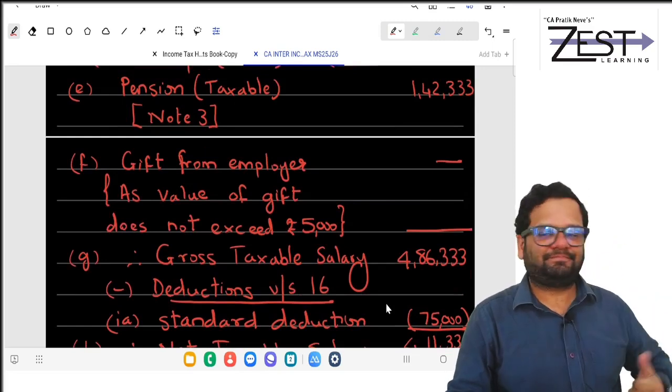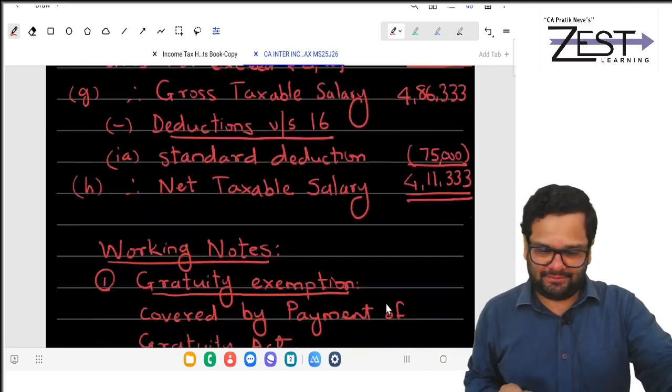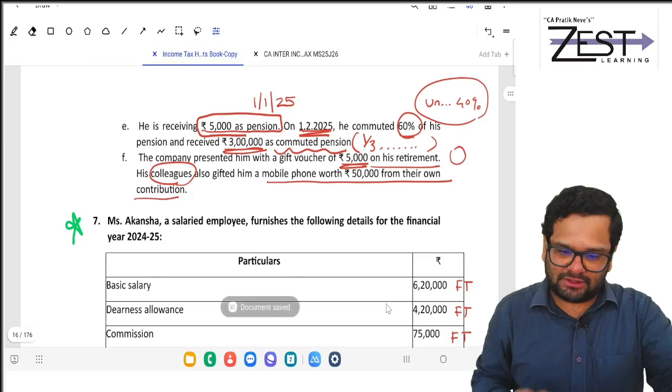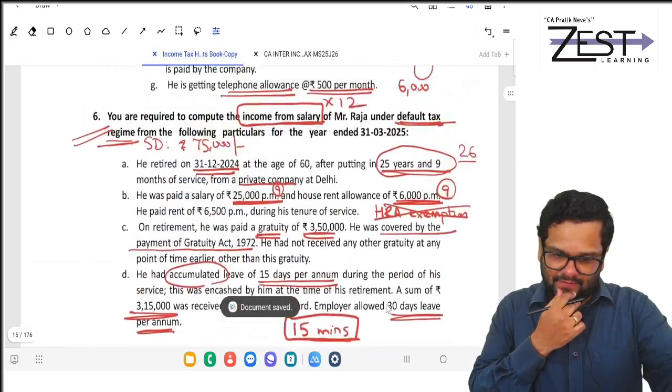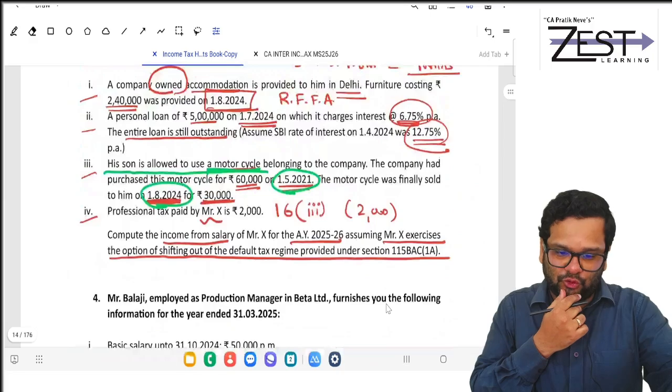Clear? Fine. Let's go to the last concept for the day. And when we do that last concept, we will be able to solve this fourth question also.